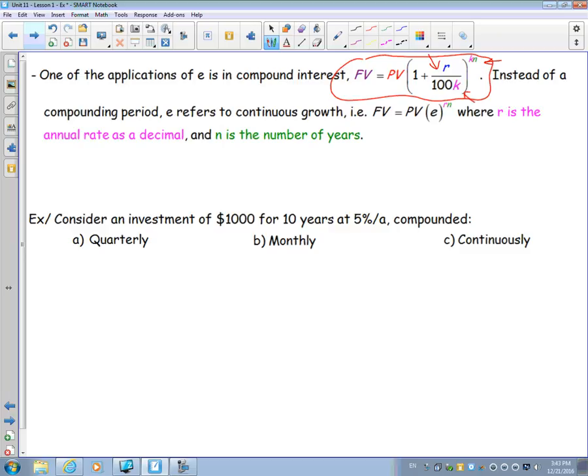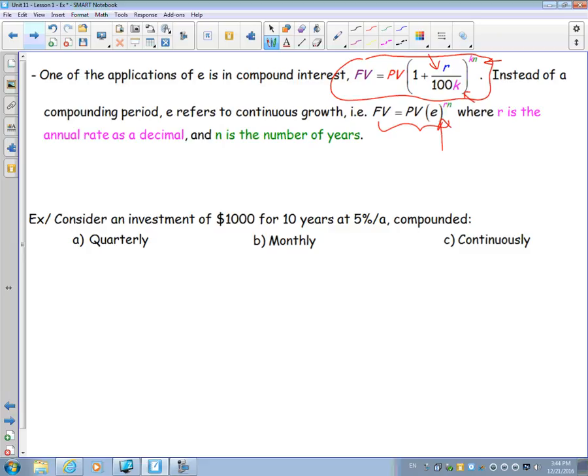Continuous growth, rather than being calculated at the end of a certain time period, is calculated continuously. That's how we can use E. So we can take the same kind of equation where we have a future value, a present value, but instead of having a 1 plus growth, we have an E growth. And the only trick here is you have to figure out your rate as a decimal and N is your number of years.